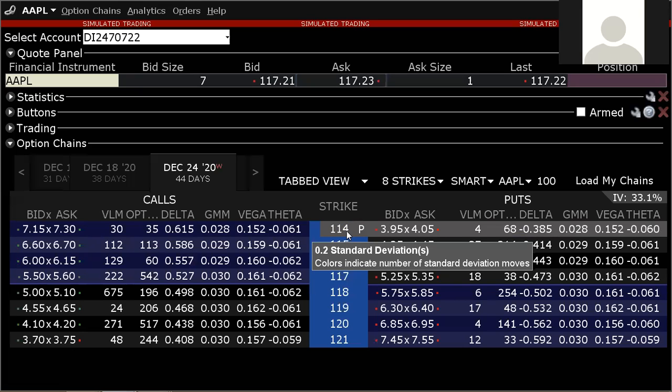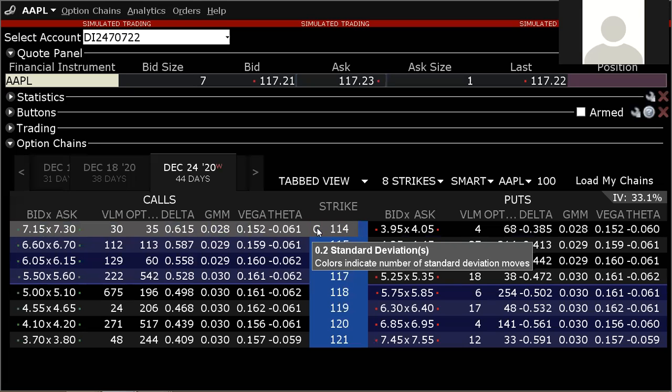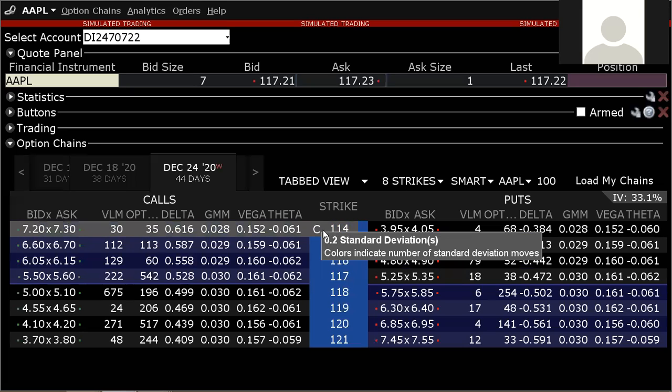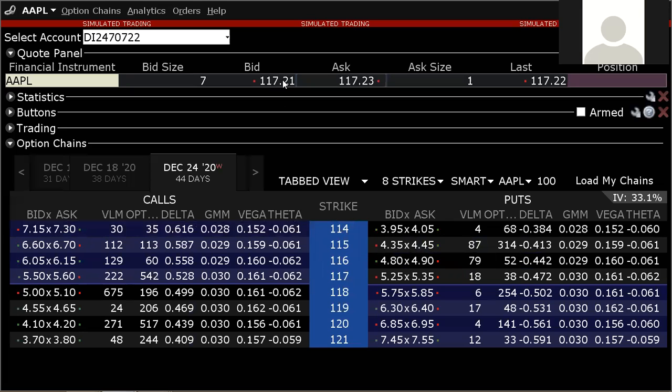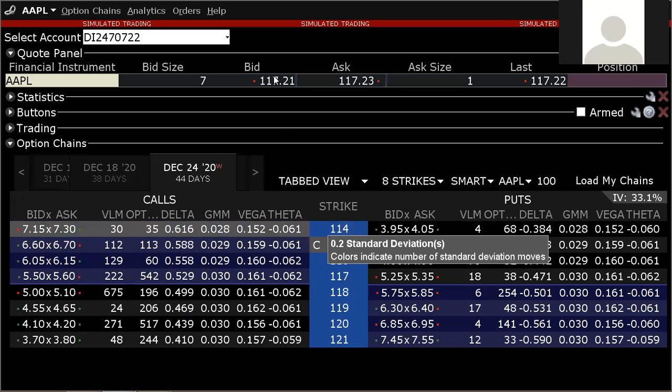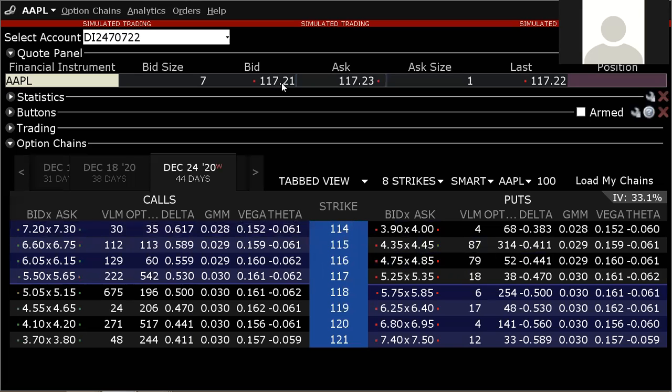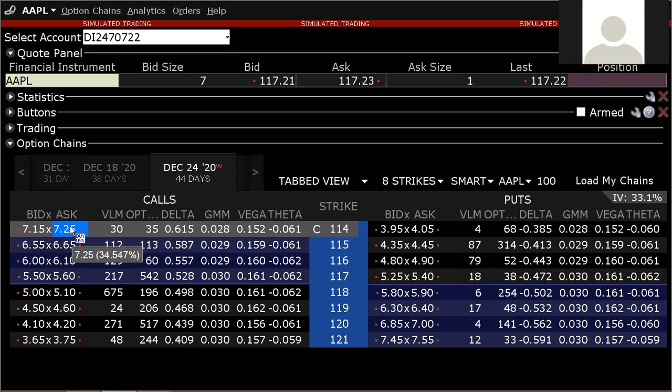The intrinsic value of the 114 call will be, if I buy the underlying asset at 114 and I sell it off at 117.21 in the market, then I'm making $3.2. So out of this 7.25, the 3.2 is the intrinsic value, and therefore the balance must be time value. Because the option price is equal to intrinsic value plus time value, the balance must be time value, and that's how you should think about the option price.